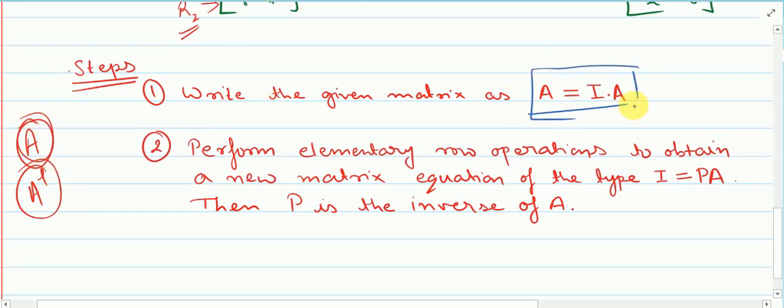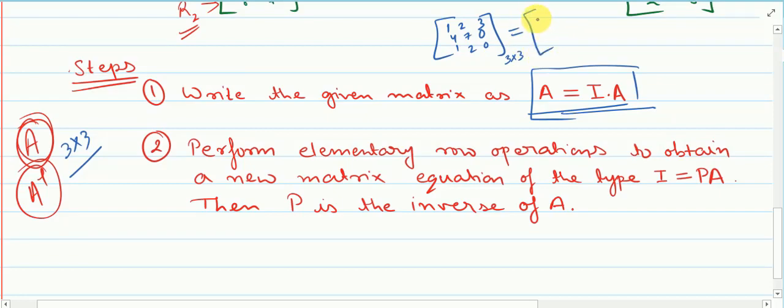Let's say this matrix A was of order 3 by 3, for example 1 2 3, 4 7 0, 1 2 0. The first step is to write this matrix, then equal to, since this is 3 by 3, an identity matrix of order 3.